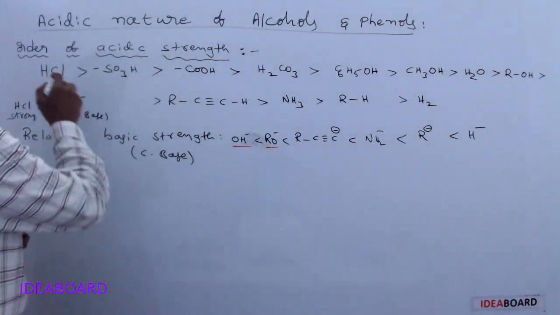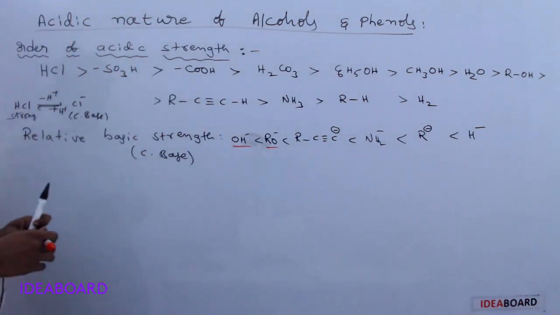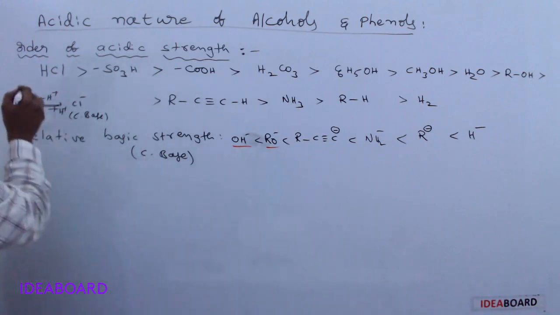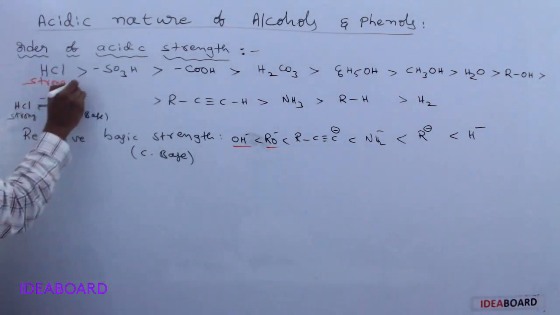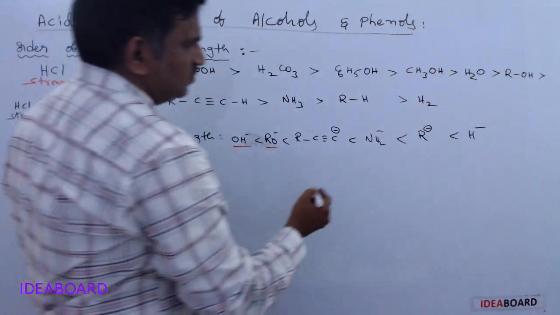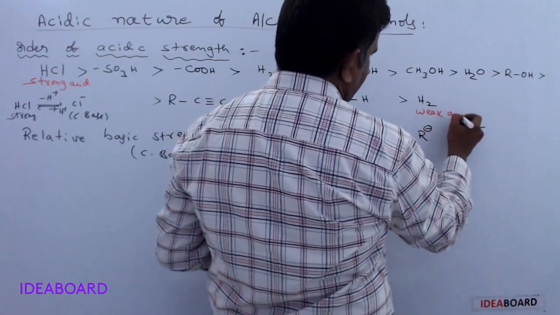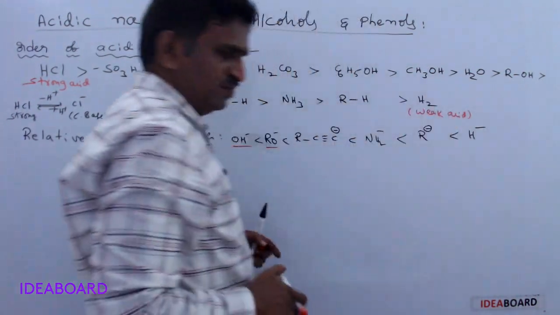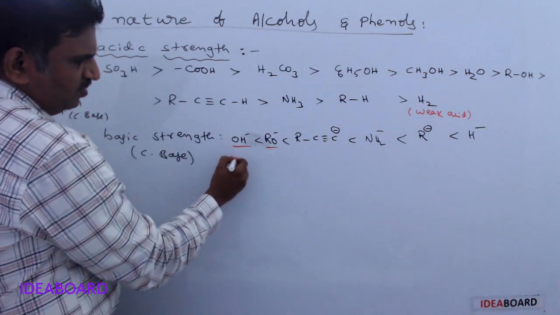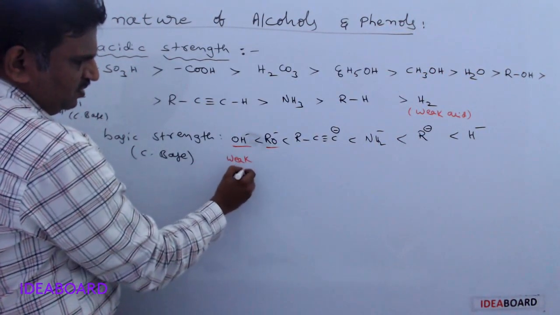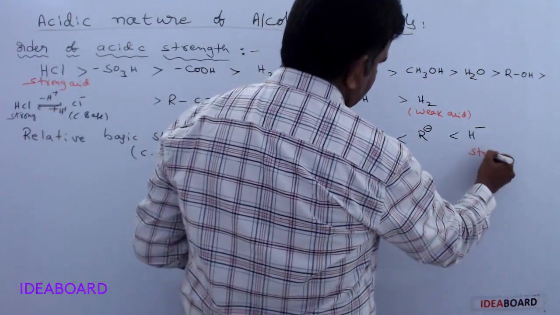Okay, so the first order I gave is the acidic strength order. Here, HCl is a strong acid, and here it is called the weakest or weak acid. And in the relative basic strength order, this is a weak base, and hence here it is called a strong base.